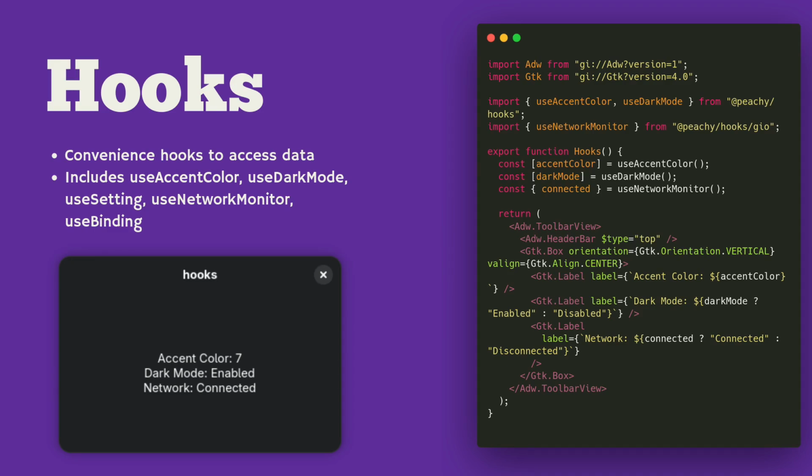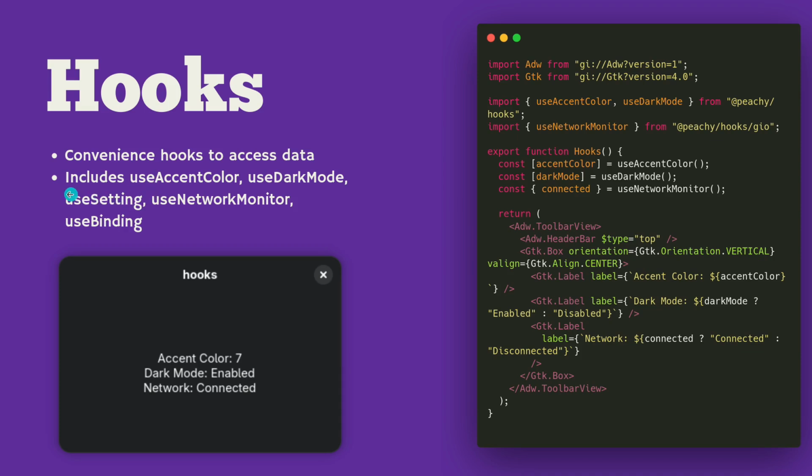Another thing is Pichi provides different hooks to you automatically for free, which you can use to do most of the operations that you do in an application. So for example, you have a hook to check the accent color, to check the dark mode, to use a setting.